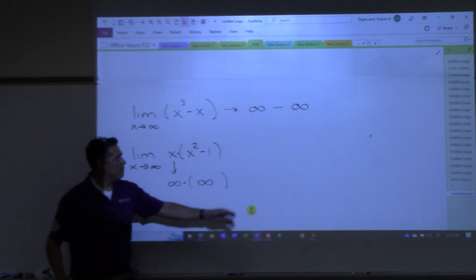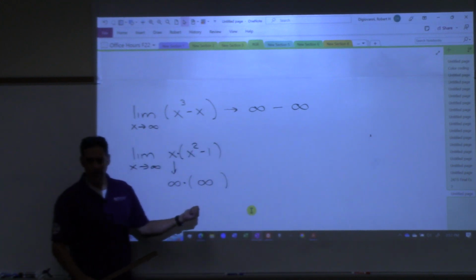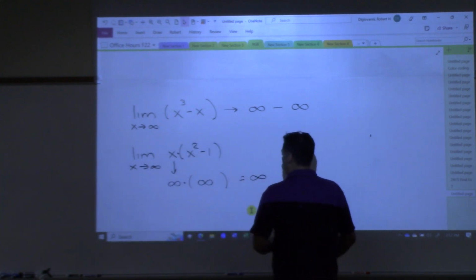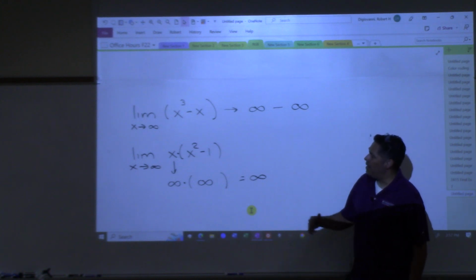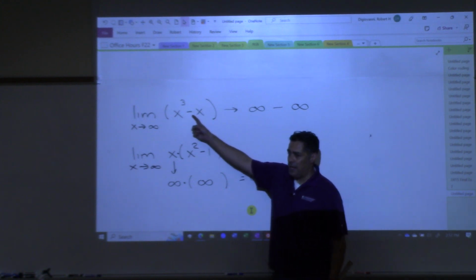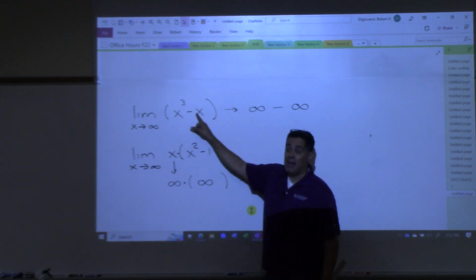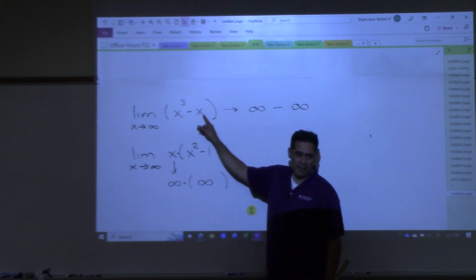Big minus big, you can't tell me. Big times big, yes, that's big. So this would be infinity. Let me back up and go through this again. The reason the answer is infinity is because the x cubed dominates the x. It's a higher power, and so it overwhelms this x.